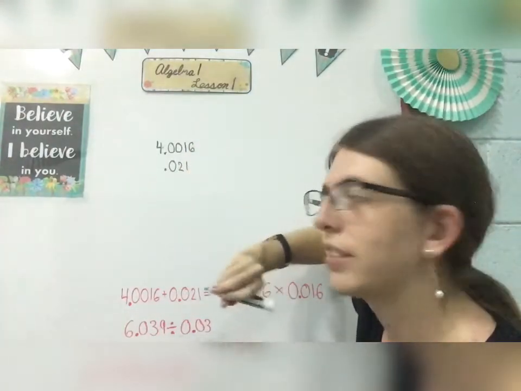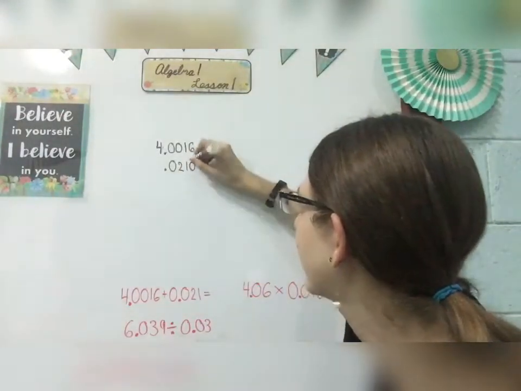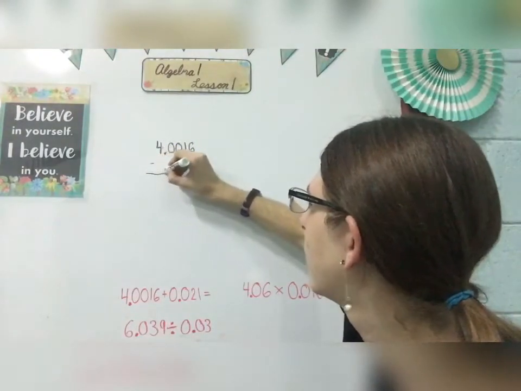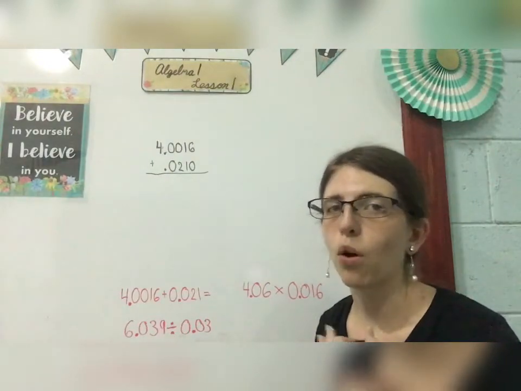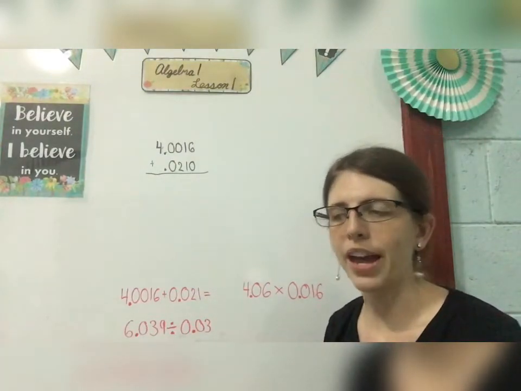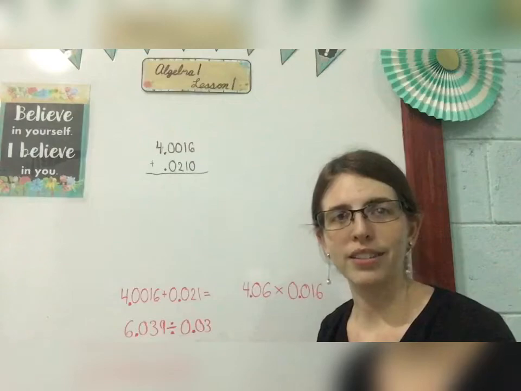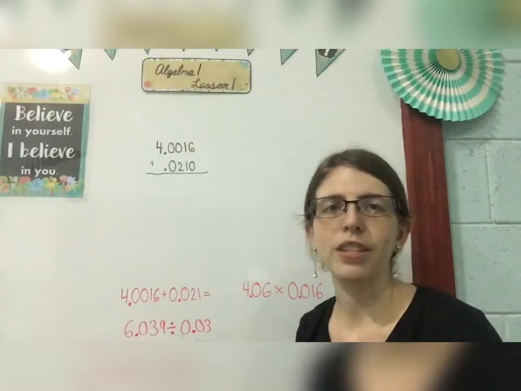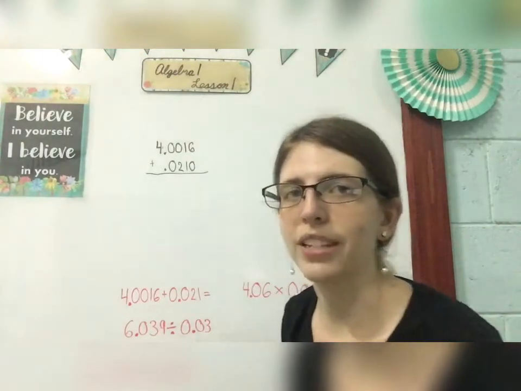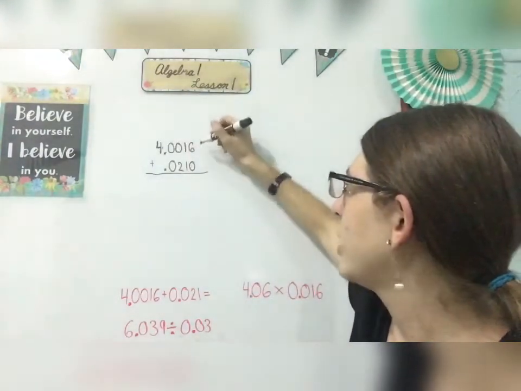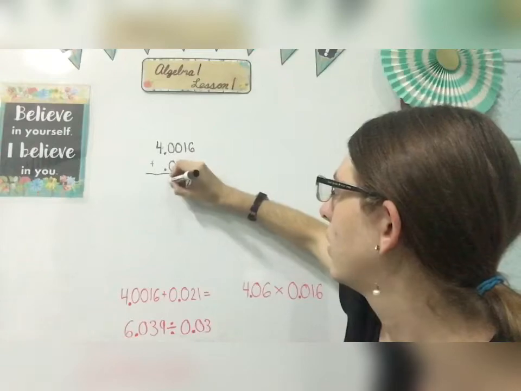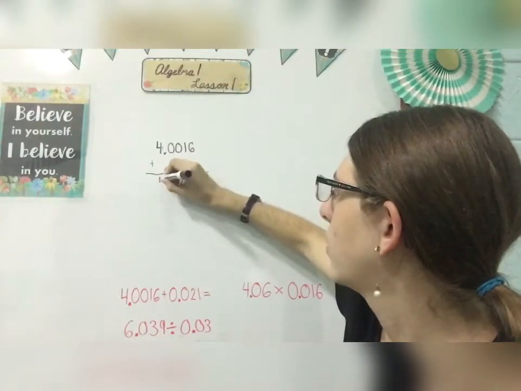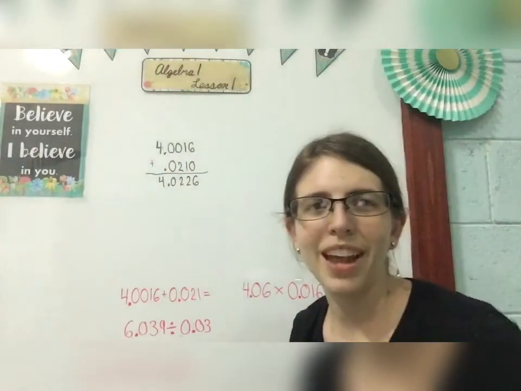I fill the rest of the space just by annexing zeros. Oops, this is addition. And I do that whether it's on the top or whether it's on the bottom. You annex zeros to fill the rest of the space. And you do the same thing whether it's addition or whether it's subtraction. And then you just add. 6, 2, 2, 0, decimal 4. And that's all you have to do.